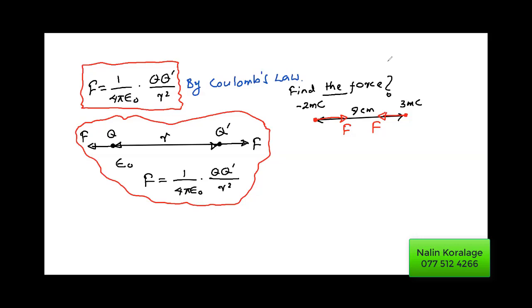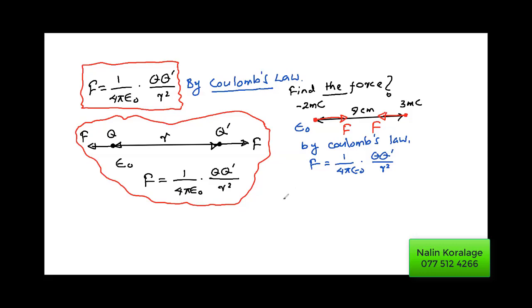Right, now we go for the calculation part, as was the case with Coulomb's law. So I'm going to say by Coulomb's law, we got that equation, F is equal to 1 over 4 times pi epsilon naught, assuming that they are placed in vacuum, times Q Q dash over r squared.